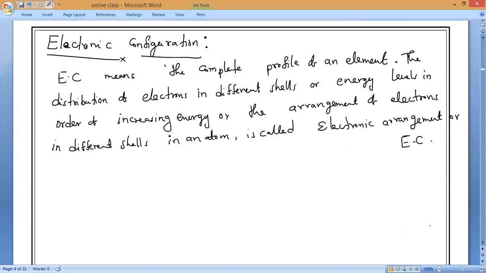Your choice. Electronic arrangement or electronic configuration. That is what you have to remember.